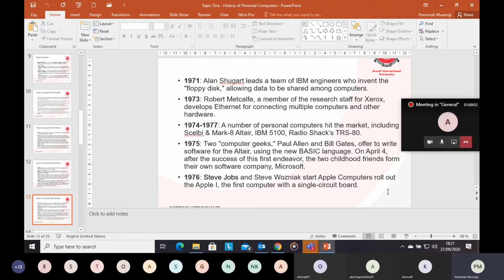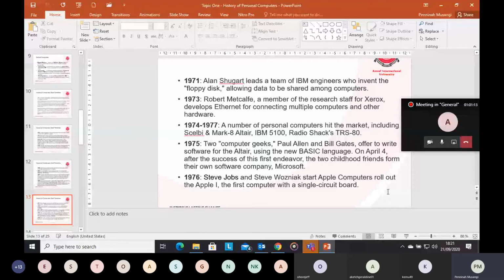But now Alan, with these other engineers, in 1971, invented the floppy disk, and that allowed data to be shared among computers. So you could move data from one computer to another computer using a floppy disk.